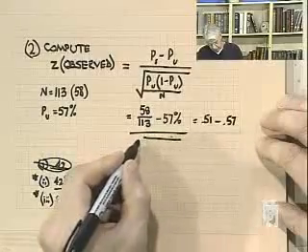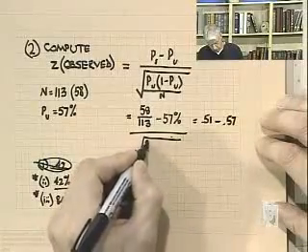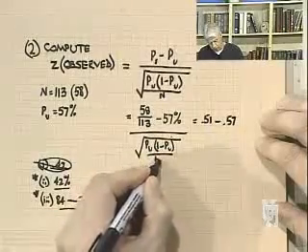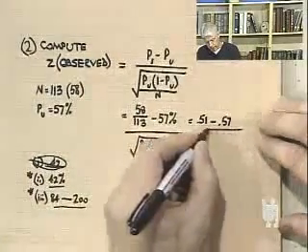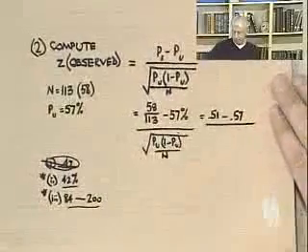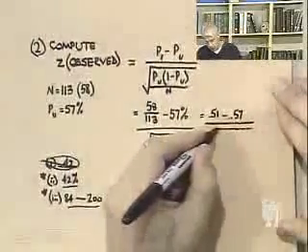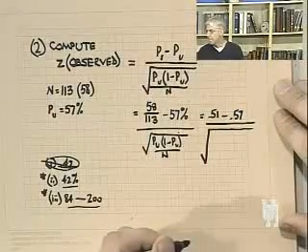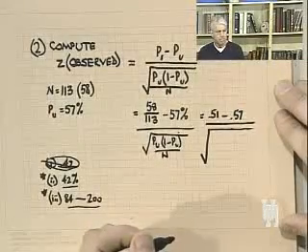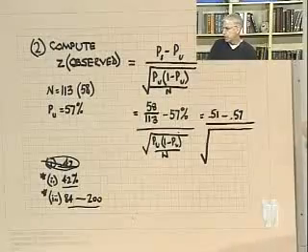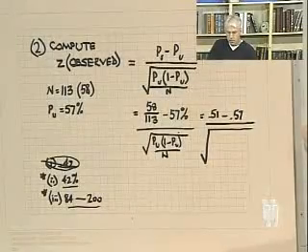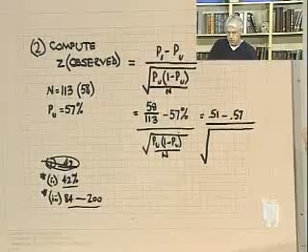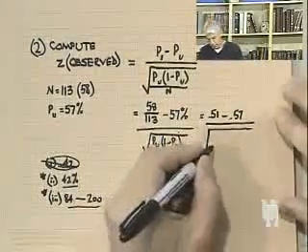Divided then by P subscript U multiplied by 1 minus P subscript U over N. And what are those scores? Divided by the square root of, fill in the denominator for me. 0.57.